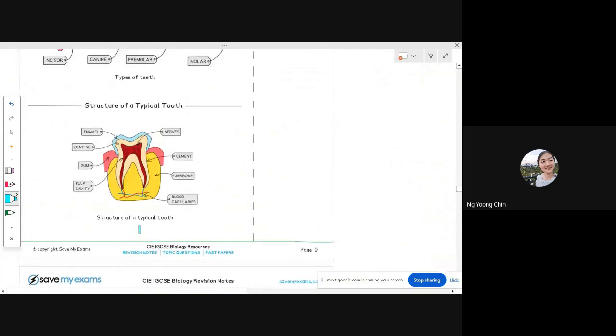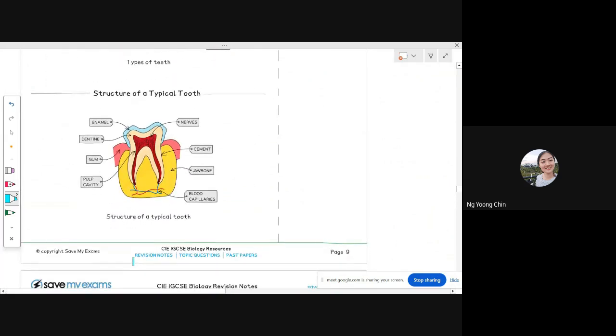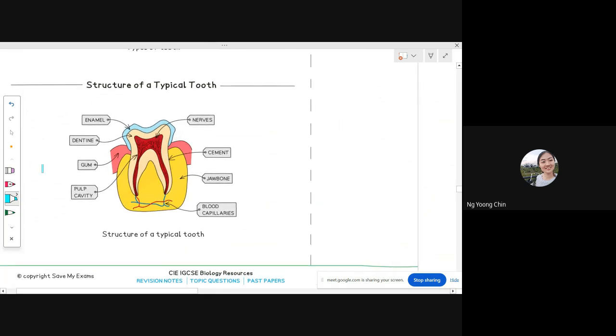And then now we talk about the structure of the tooth itself. The tooth is made from calcium. Tooth is very hard. It's made from calcium and phosphate. So we can have a look at the structure of the tooth. The tooth is made of an outer layer, the outermost layer we call the enamel.